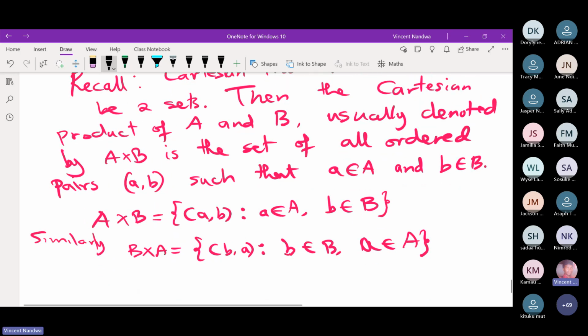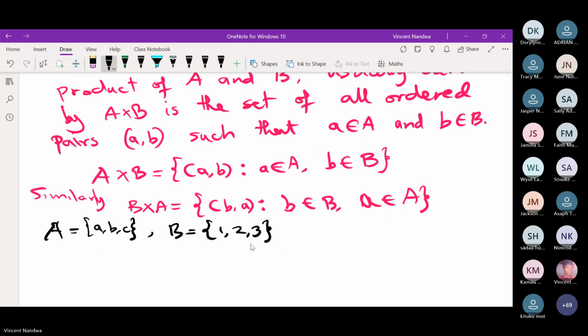For example, if I give you A to be the set {a, b, c}, and B be the set {1, 2, 3}, then when I tell you to define A cross B, this is how you work it out. You take every element in set A, the first set, then pair with all the elements of set B. You do that for every element of A until you have all the pairs.